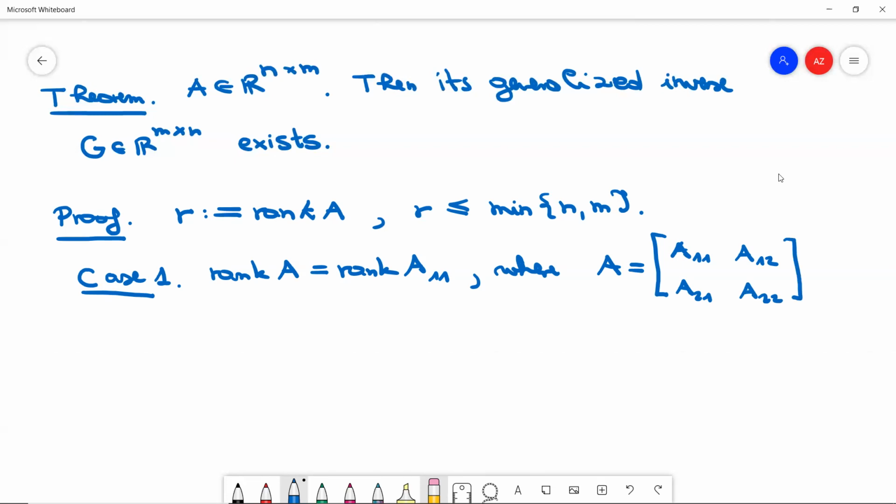Here we have r columns, and here we have the remaining number of columns, which is just m minus r. And then here we have r rows, and then the remaining number of rows, which is n minus r. So this case 1 assumes that this left upper r times r corner of A is square and of full rank.